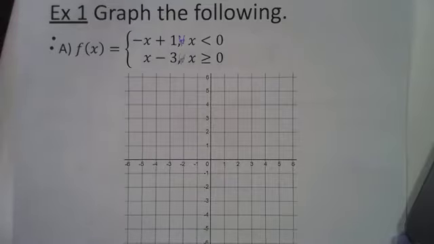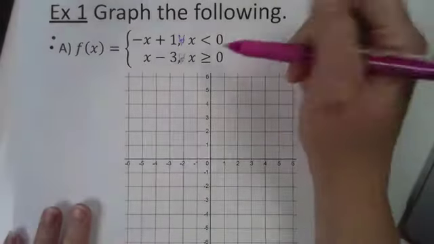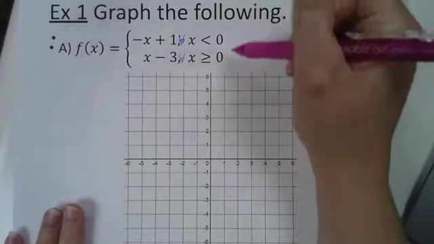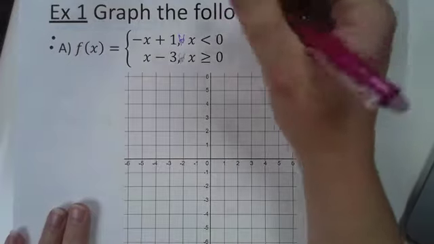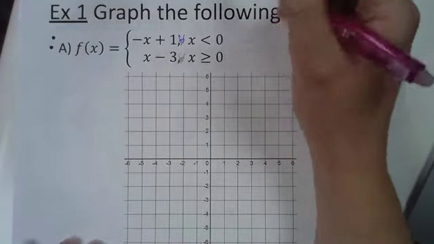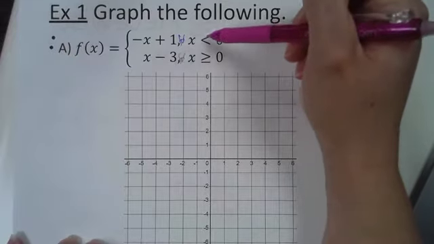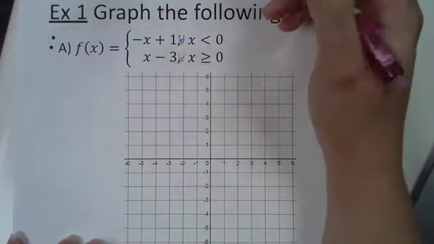So a piecewise function is made up of pieces of lines or pieces of curves. We'll see. Depends on the equation that we have. For specific x values, and in this particular case, and everything you have today, we have a worksheet today, there's going to be a switch where we're changing from one line to another line.